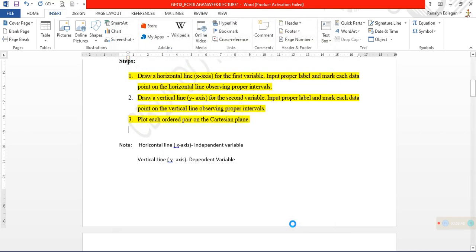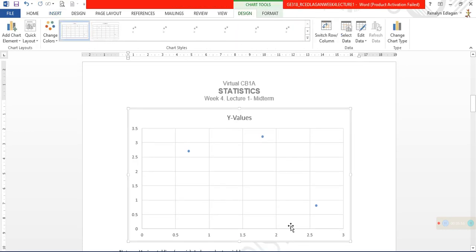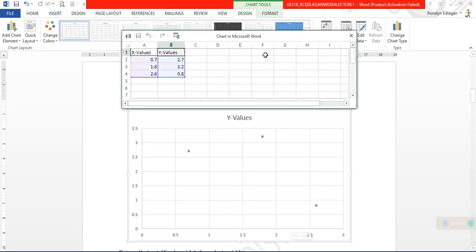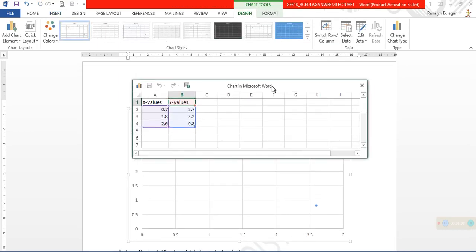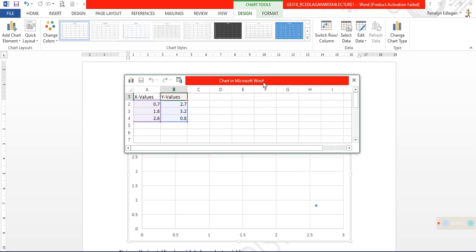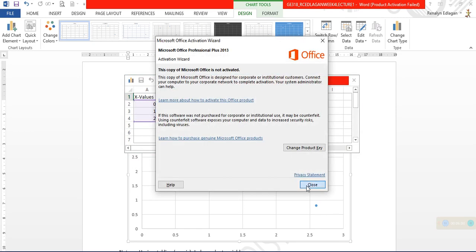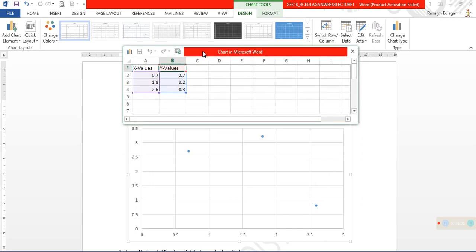Just press OK. And of course, be patient, because your laptop or your device might be slow, just like mine. Alright. And you can expect a dialog box from Excel or a pop-up Excel after you select the scatter plot.